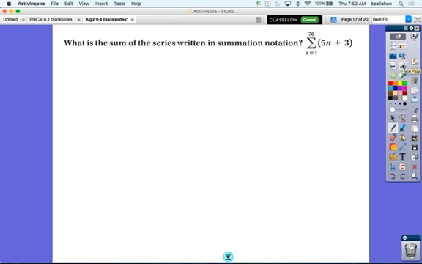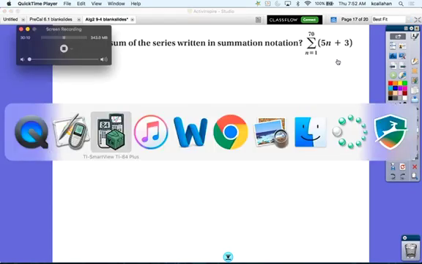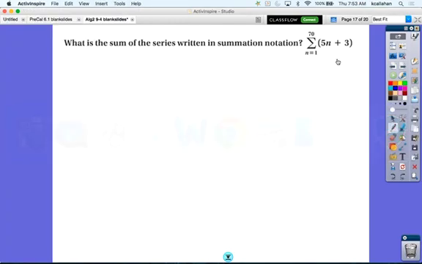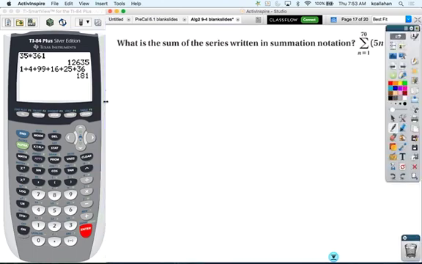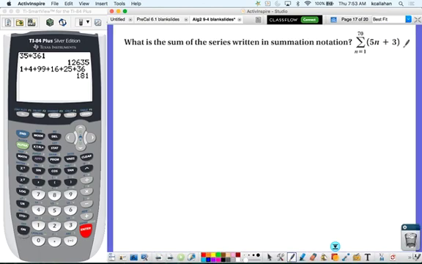So let's do this summation in both Desmos and with the graphing calculator. Let me change this to be at the bottom so we can see everything.